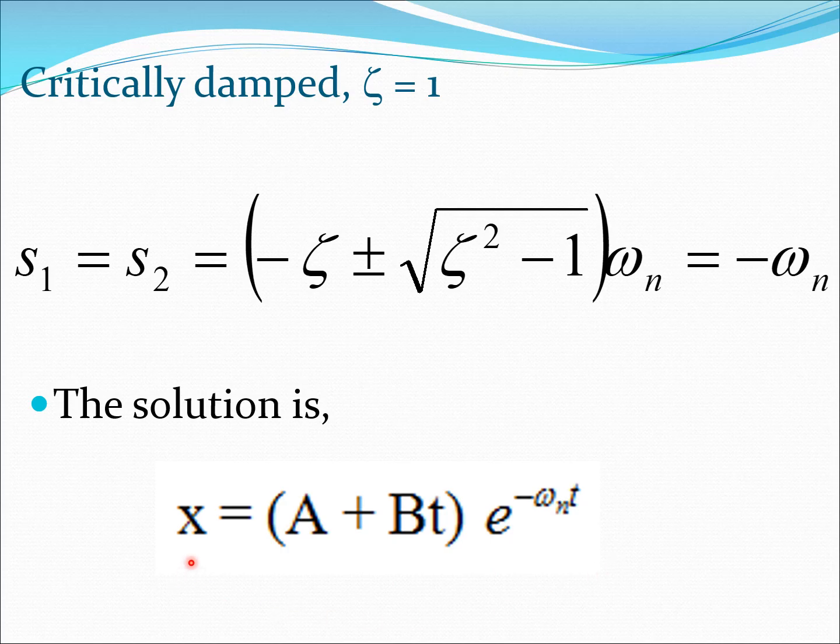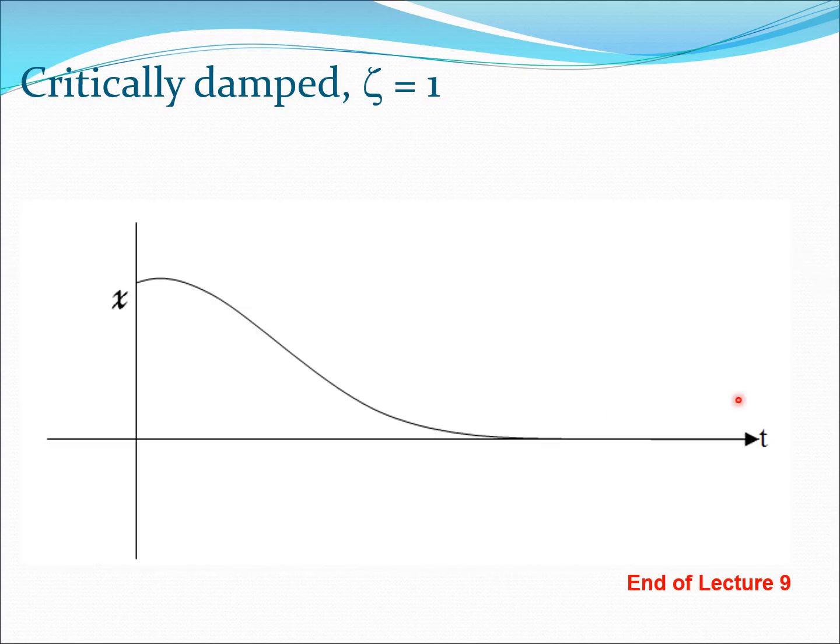So the solution would be x is (a plus bt) e to the minus natural frequency of the undamped system times time. This is the solution here. There is an exponential decay, there is a time into exponential decay. So this looks something like this here. It's a critically damped system.